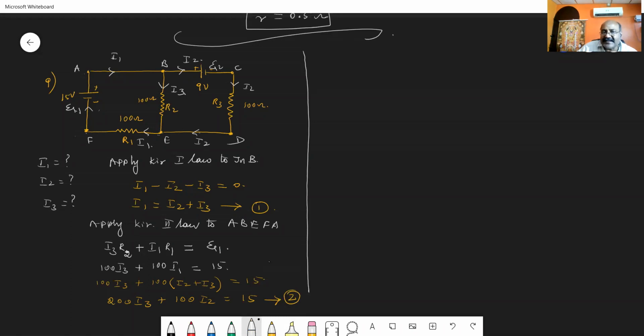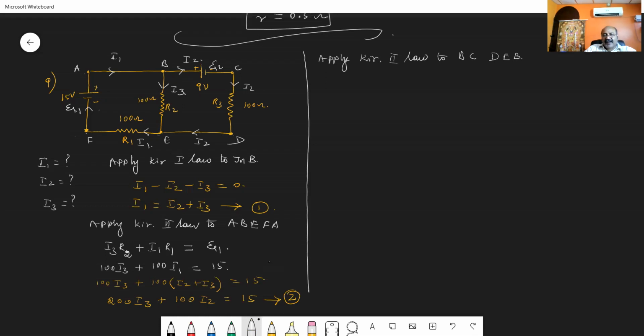Then you consider the next one. You apply the Kirchhoff's second law to any one of the closed circuits. I am taking B, C, D, E, B. From B to C, there is no resistance, so leave it out.